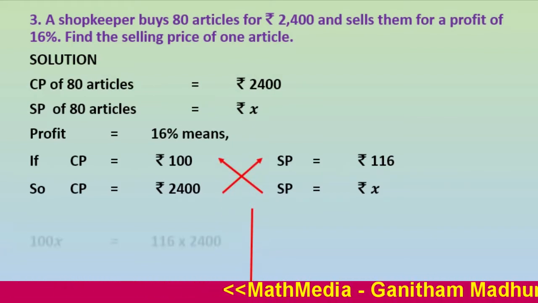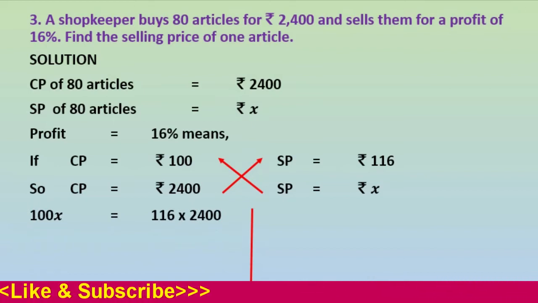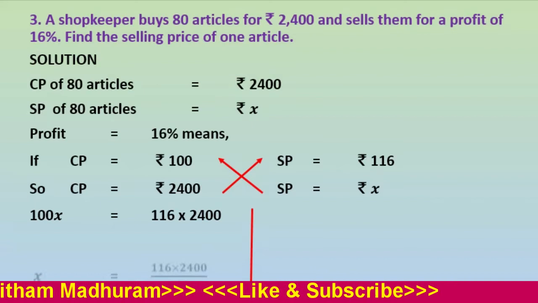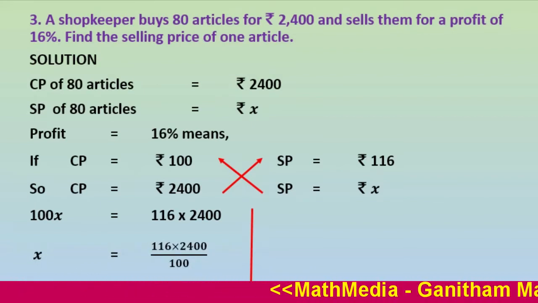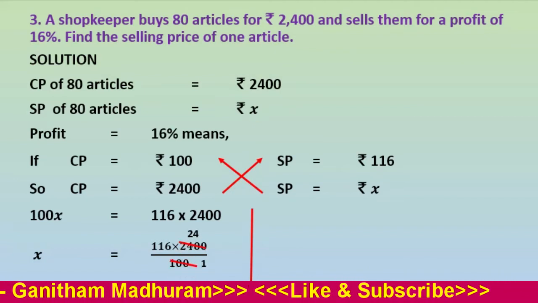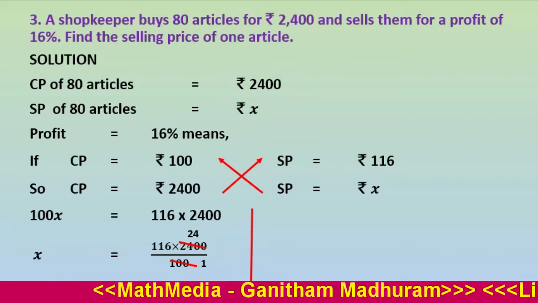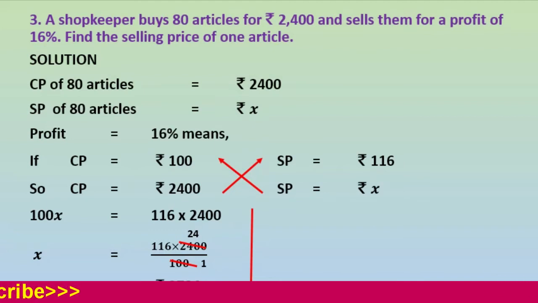That means 100x equal to 116 multiplied by 2400. Therefore, x equal to 116 multiplied by 2400 whole divided by 100. After cancelling the zeros, we get 116 multiplied by 24. That is equal to rupees 2784.